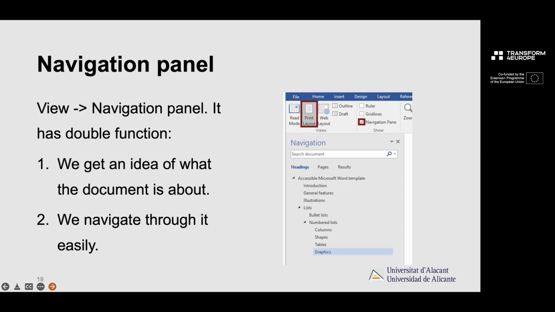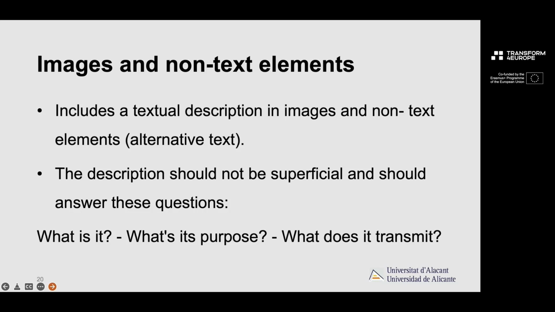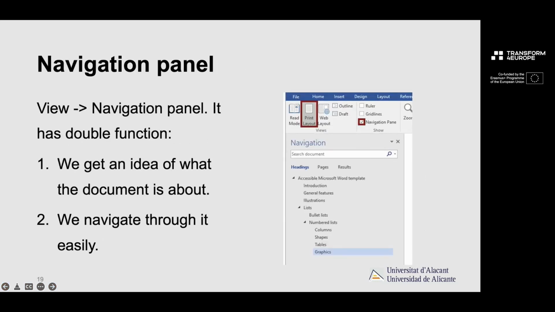We can move from one heading to another simply by clicking on the item in the navigation panel, and we go to that specific part of the document. To enable the navigation panel, go to the View tab and select Navigation Pane.